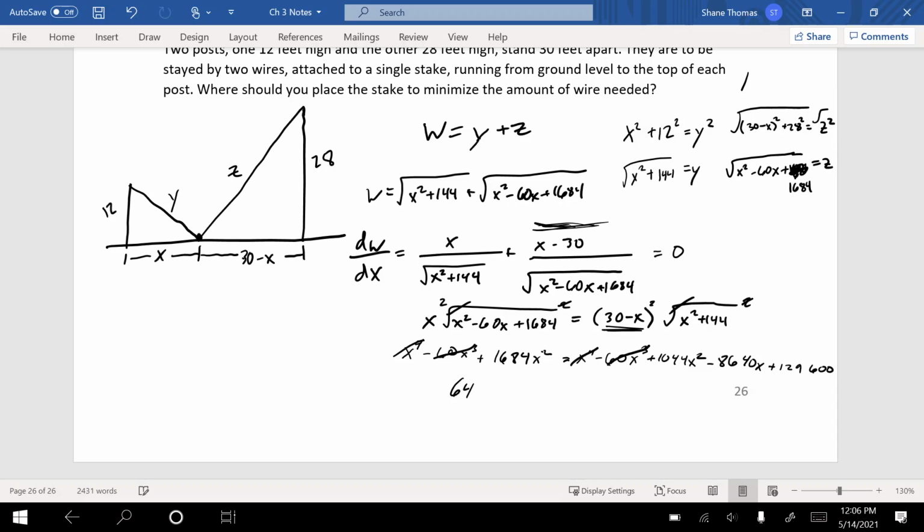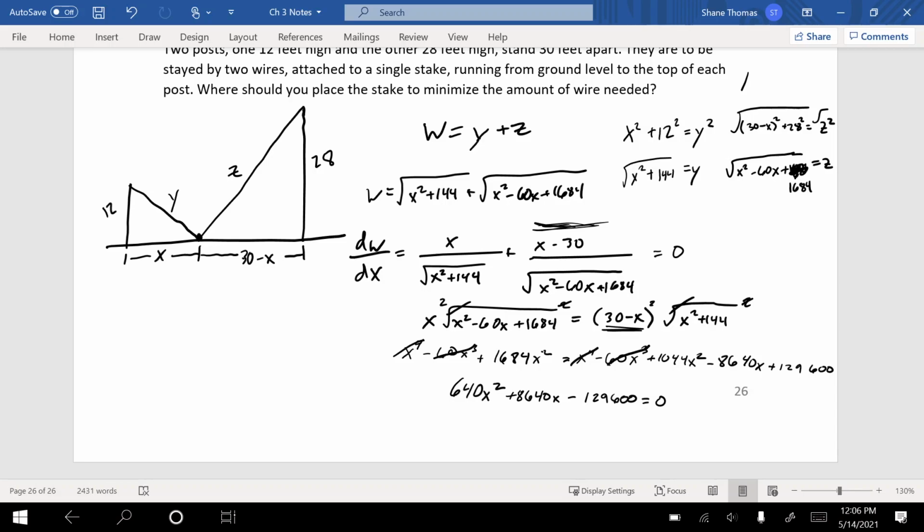It's going to give me 640x squared. I have nothing on the left side. On the right side, I'm going to add that 8640x over. And then I'm going to bring over that whole number, 129,600. And that's all equal to 0. So it simplified fairly nice for us.